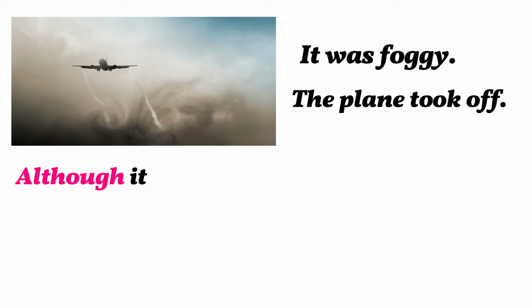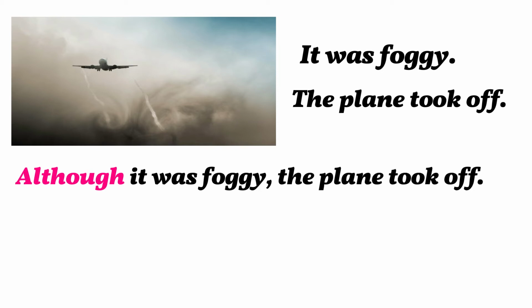Another situation, look at the picture. It was foggy, the plane took off. We can join by saying, although it was foggy, the plane took off. Although, as we said, we can replace although with even though, even if, though, and say, for example, though it was foggy, the plane took off. However, if we use in spite of, we need noun or ing form, as we said.